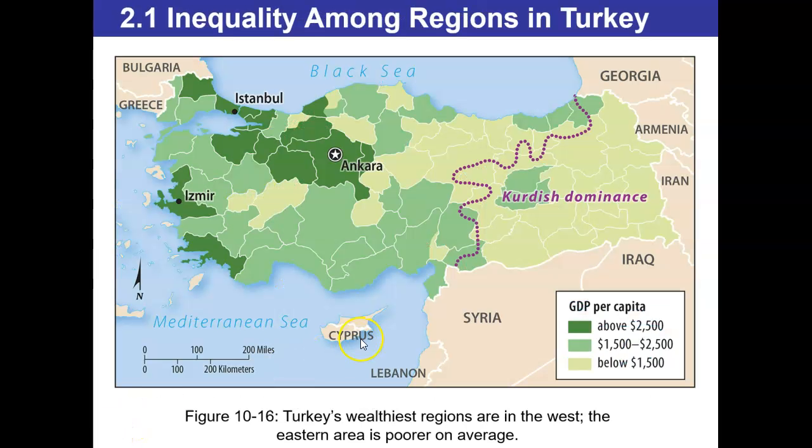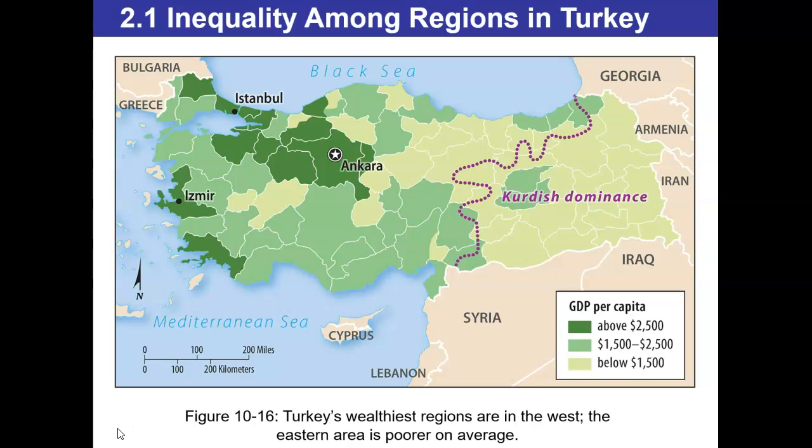We can also see that inequality can exist between regions as well. We talked about this in political geography. Take a look at figure 10-16. Turkey's wealthiest regions happen to be in the west, and the eastern area is much poorer on average. Much of the reason that you see regional disparities or inequities can be for multiple reasons.